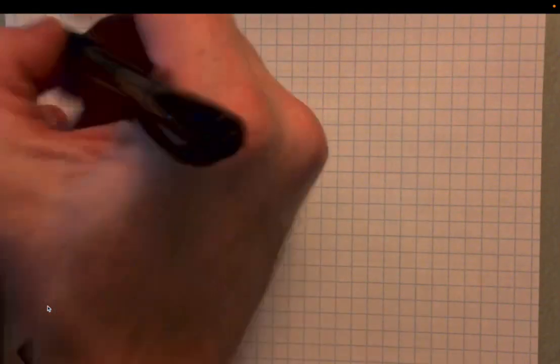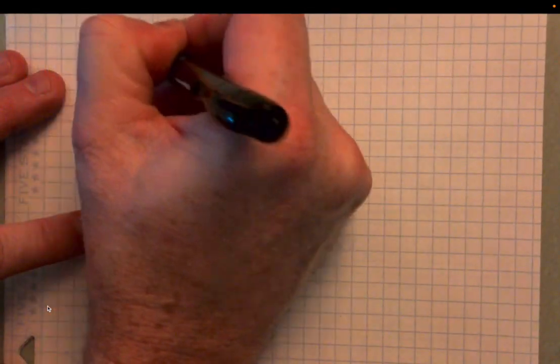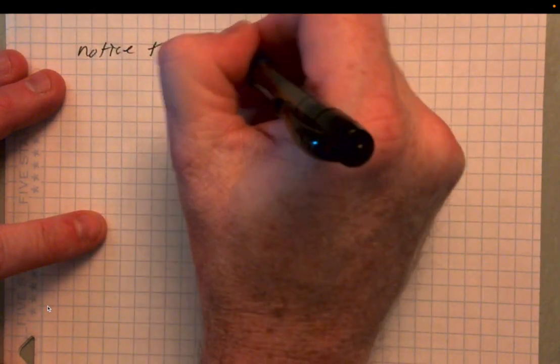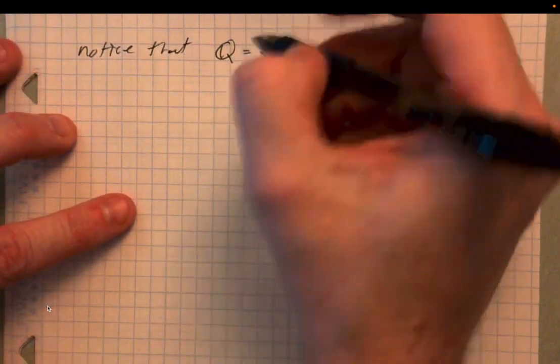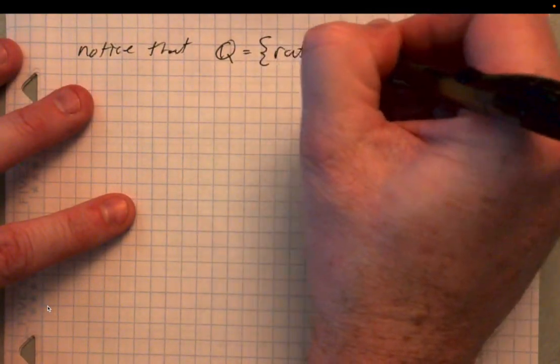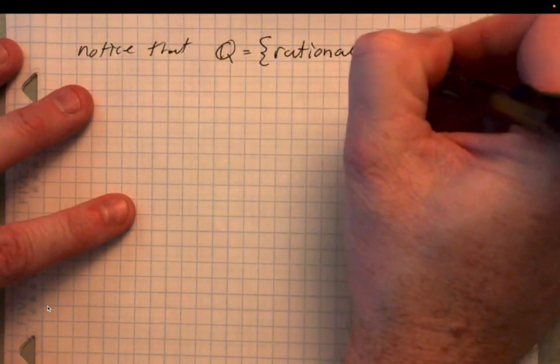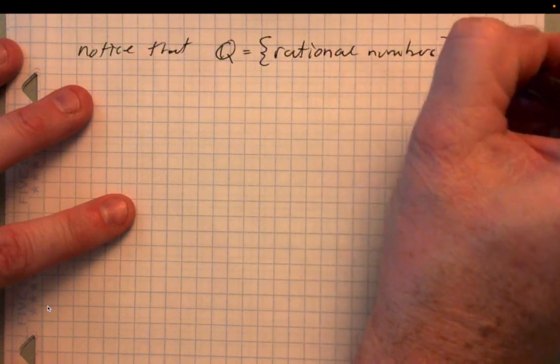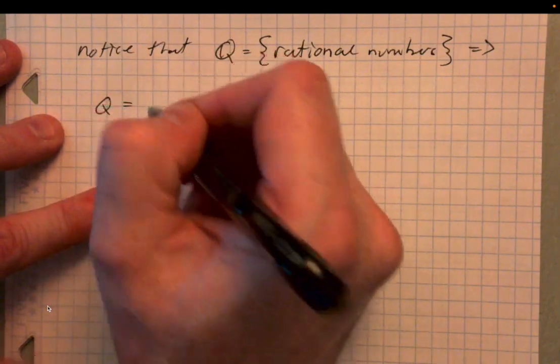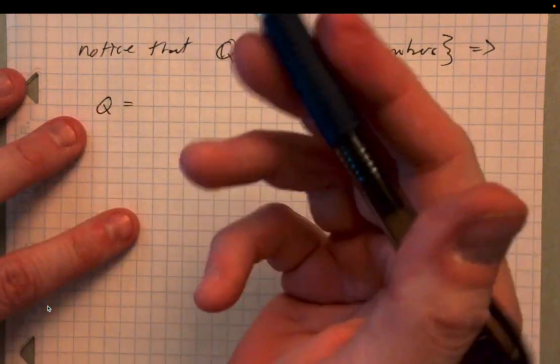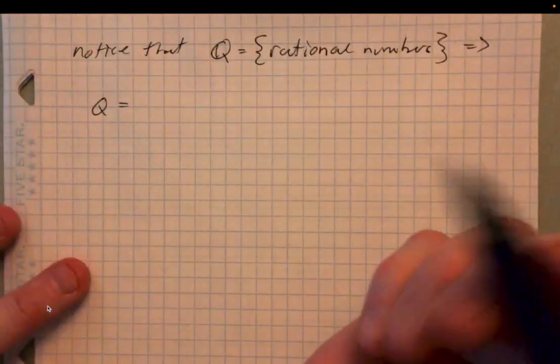Well, let's notice that Q, what is Q? Q is all the rational numbers. And Q is just the union of all of these E sub m's, isn't it?